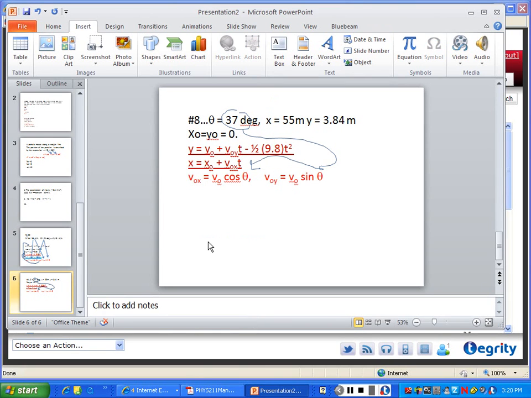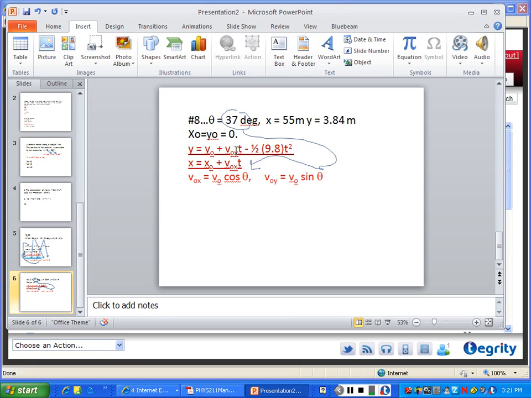Then you have an expression that says V0 sine 37, V0 cosine 37. Sine of 37 is 0.6 and cosine is 0.8. So we're going to have V0 times 0.8 and V0 times 0.6 for our VOX and VOY pieces.